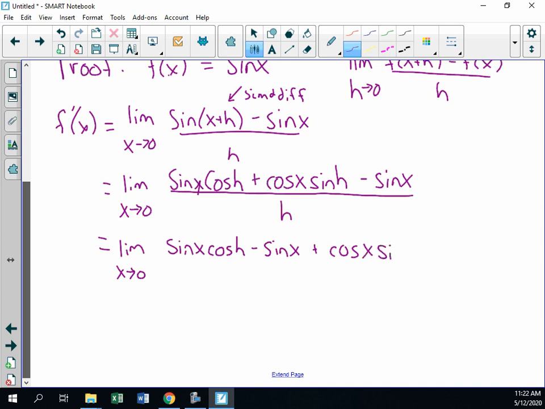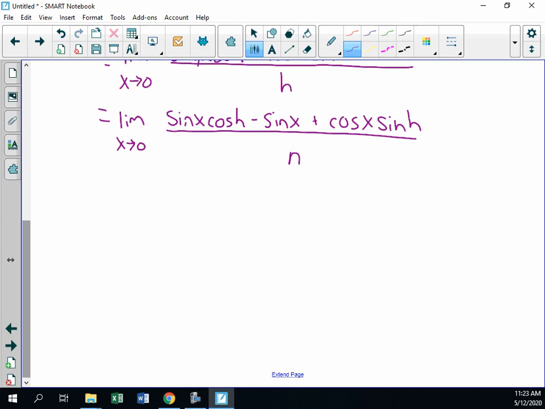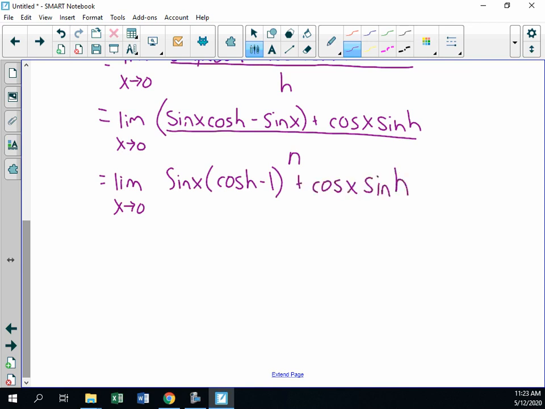So I'm just rewriting the numerator. And then out of here, I'm just going to factor out a sine x. I'm left with cos h minus 1 plus cos x sine of h all over h.